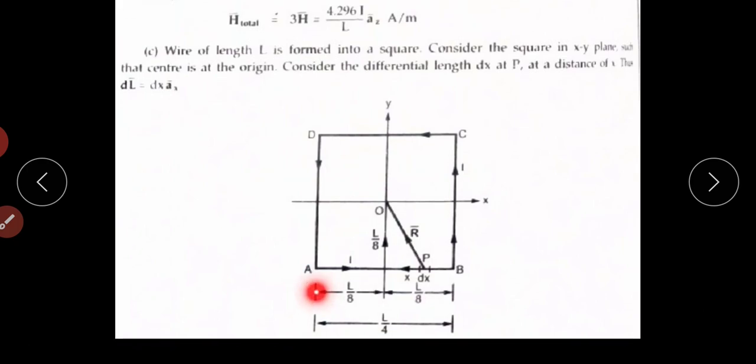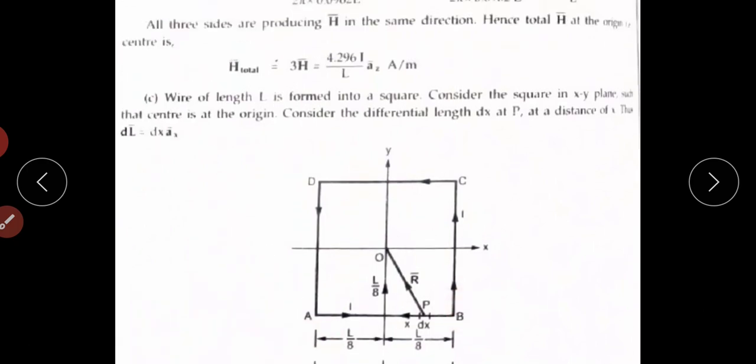So limits are minus L by 8 to plus L by 8. So integral minus L by 8 to plus L by 8 dh bar equals 2 into integral 0 to L by 8 dh bar. So it equals 2 into I into 0.125 L by 4 pi integral 0 to L by 8 dx into az bar by x square plus 0.125 L whole square whole power 3 by 2.